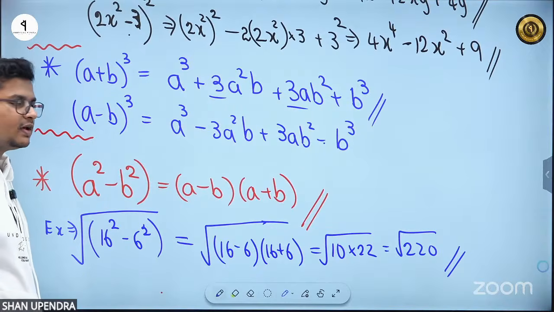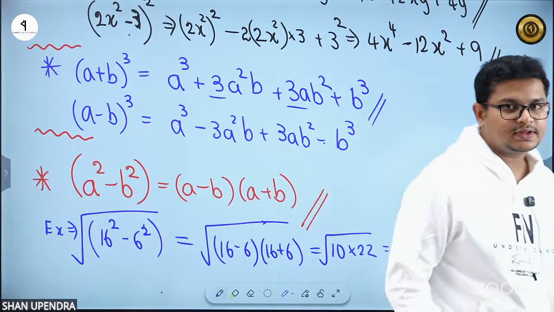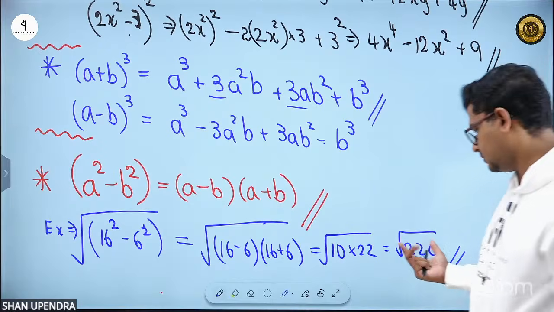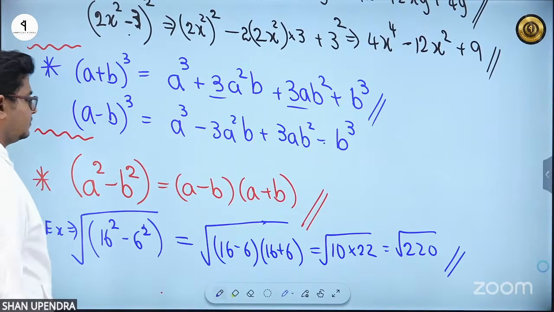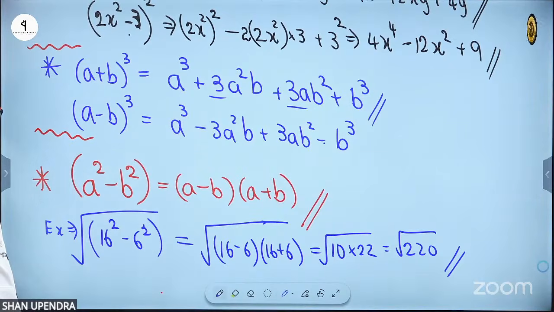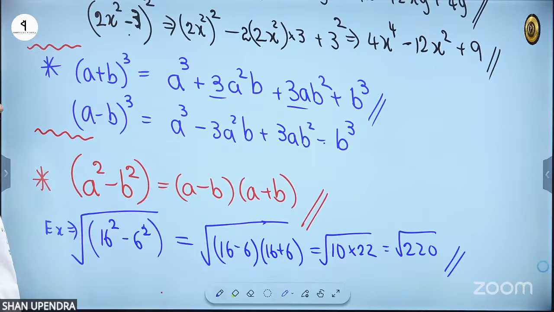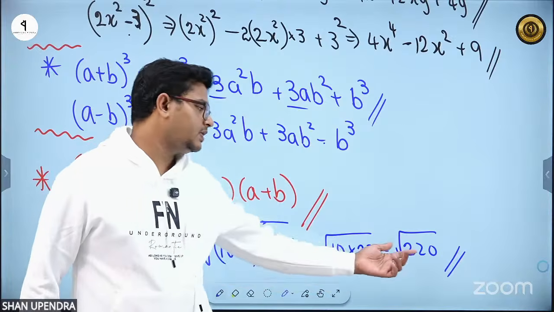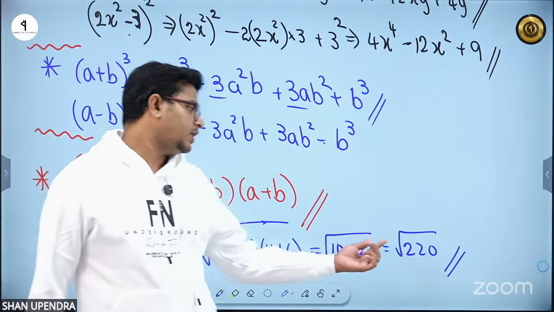If you are not familiar with that number, then you can use the log. Let's see how to find this kind of value using log. Square root of 220, then after that you can use the logbook. Or else you can represent this as 20 into 11.